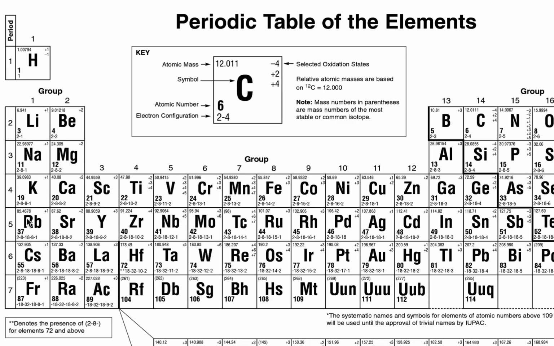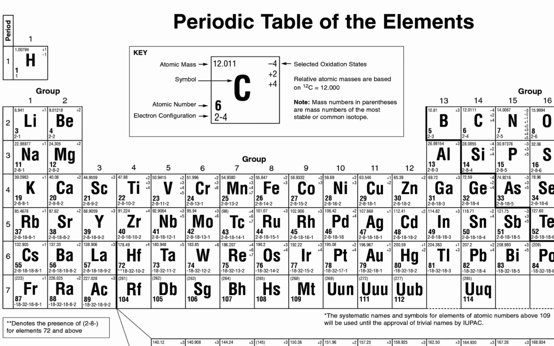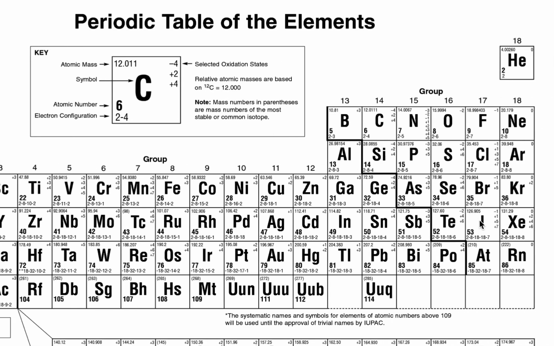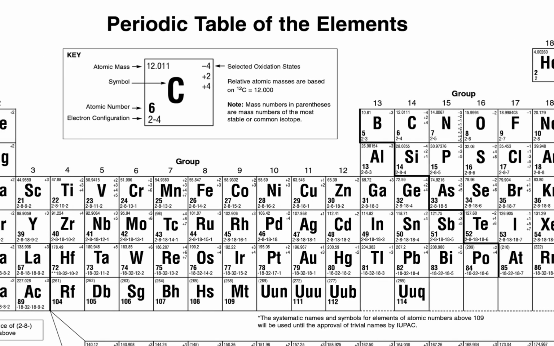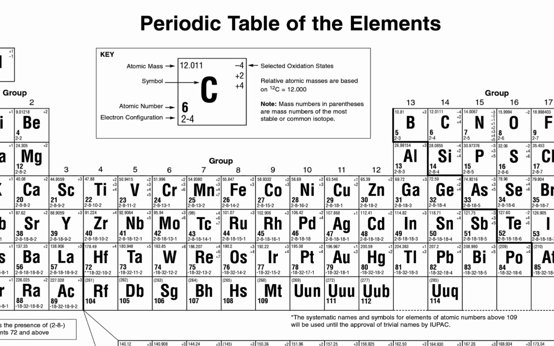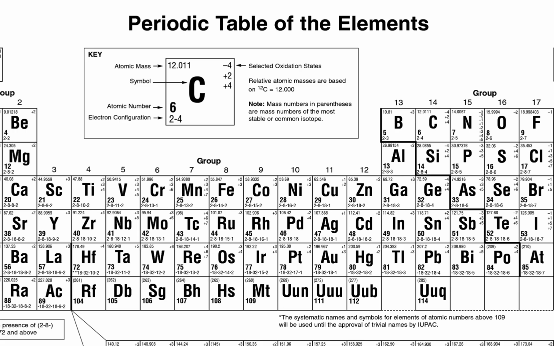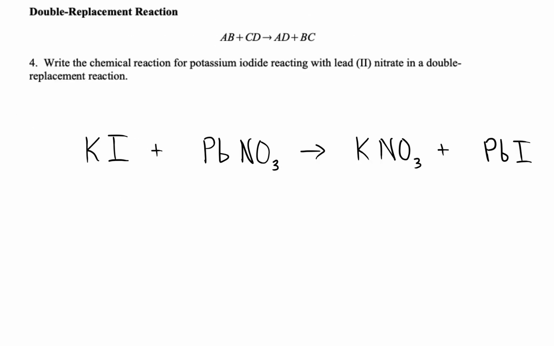It's in the first column, and that would be the case for all these elements. Iodine's on the other end of the table here. It will accept 1 electron generally, so they're a perfect match. 1 K should balance perfectly with 1 iodine. So that is the correct formula.